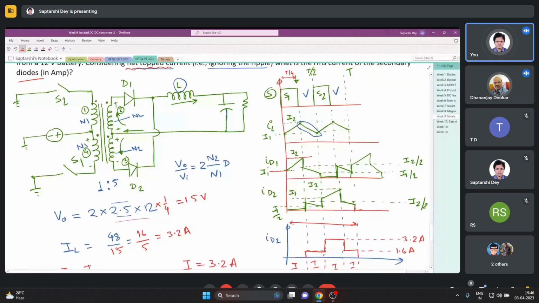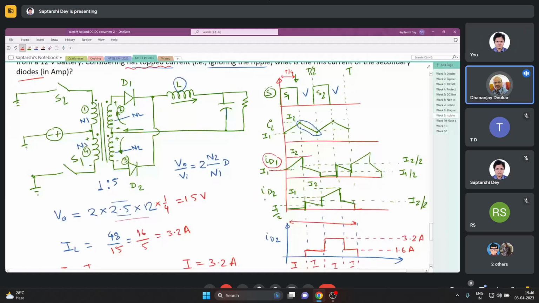Yes, ID1 and ID2 are the two waveforms. So I1 is triangular in shape, with some ripple current and with the DC bias. So again, the DC bias is going to give some B field in the transformer.